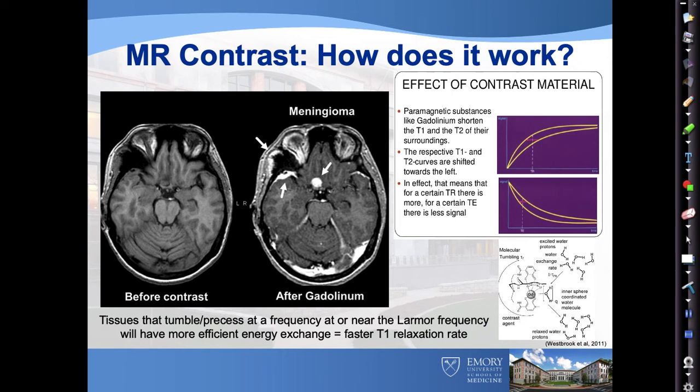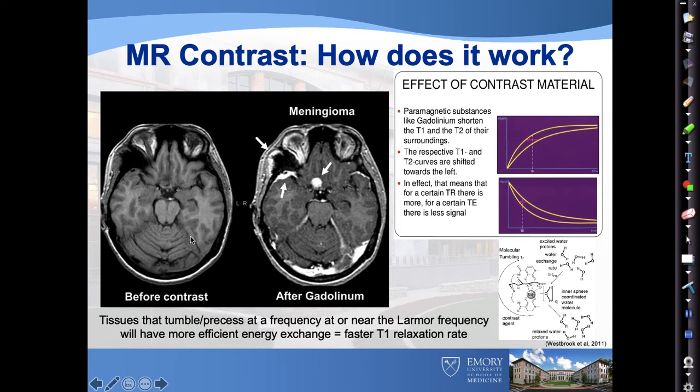Further explanation of how MRI contrast works is it basically causes tissues to tumble at a frequency, or precessional frequency, closer to the Larmor frequency. Tissues that precess closer to the Larmor frequency will give off energy to the tissue lattice a lot faster, causing a faster T1 recovery rate, and those tissues will appear brighter on a T1 weighted image.